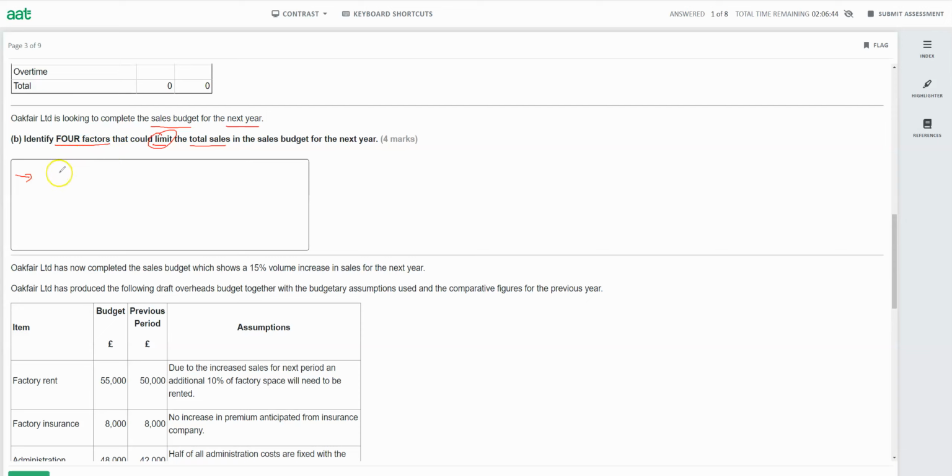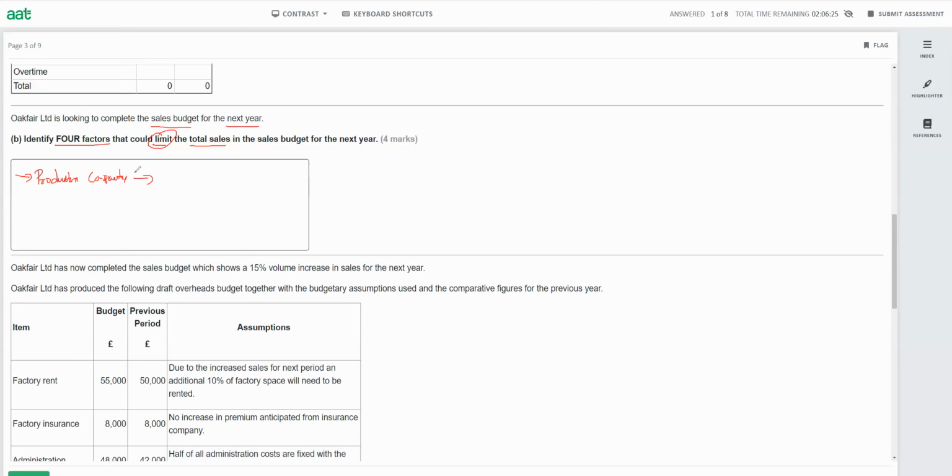Okay, the first one we like to say is the production capacity. That means it is possible we will not be able to produce whatever is the demand. It could be for any reason.